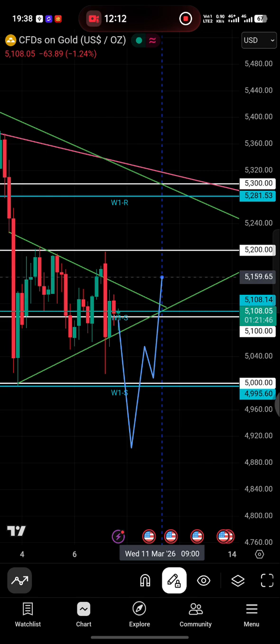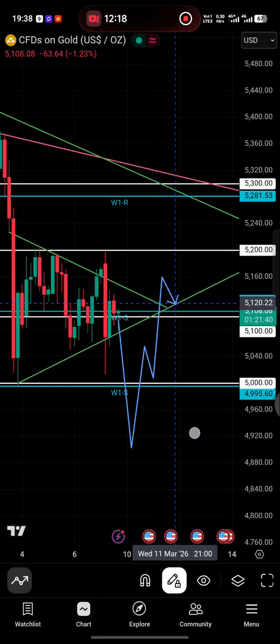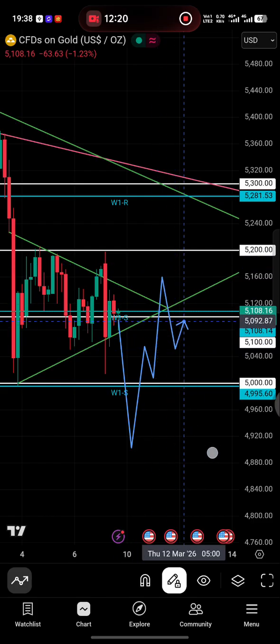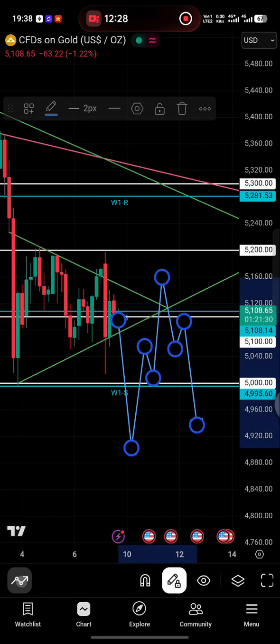It will keep pushing up until sellers are out of the market, and then buyers start coming in. And when buyers start coming in once again, the market is going to create a bearish price action and start going down.